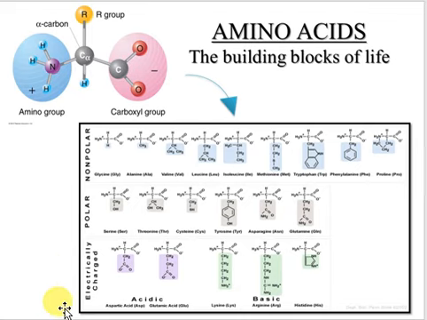The side chains that are electrically charged can either be acidic or basic. And the reason why that is important is because the chemical character of those amino acid side chains is what will influence the folding of the polypeptide chains, which then influences structure, which will influence function.